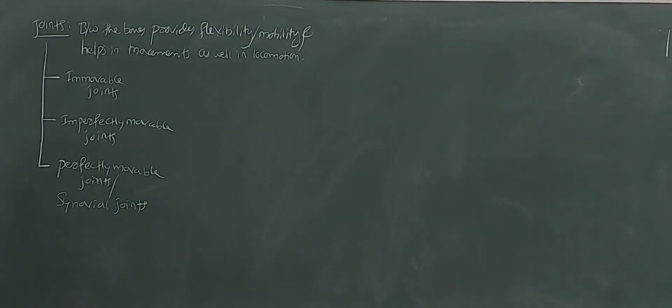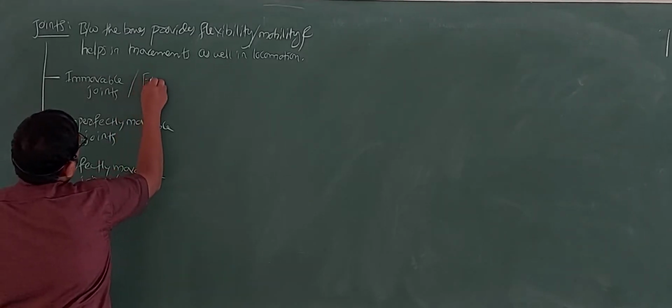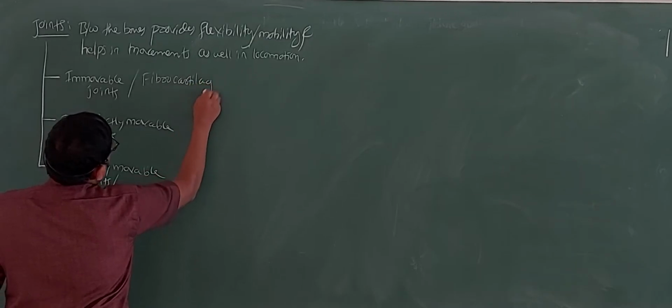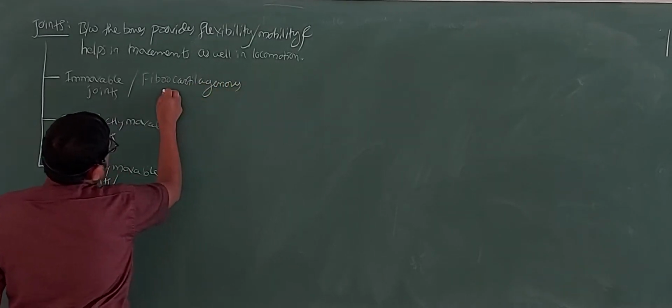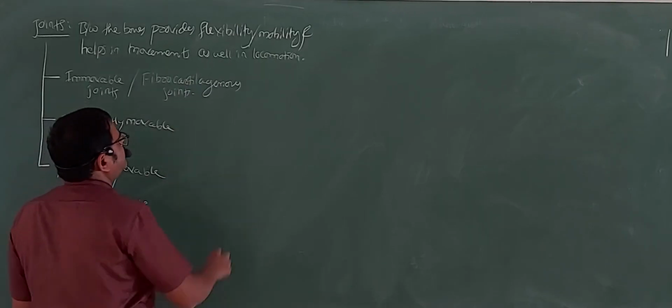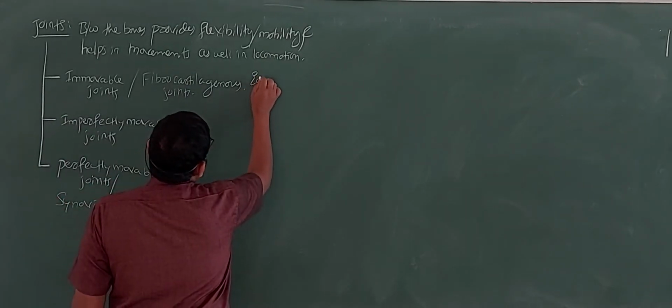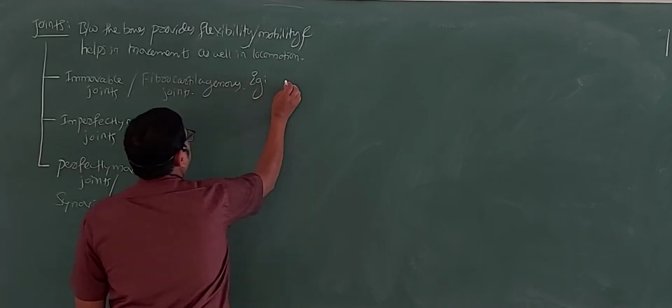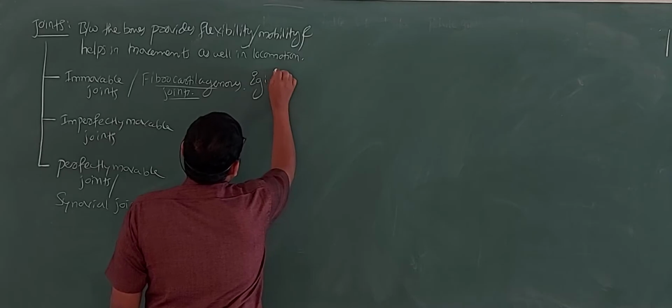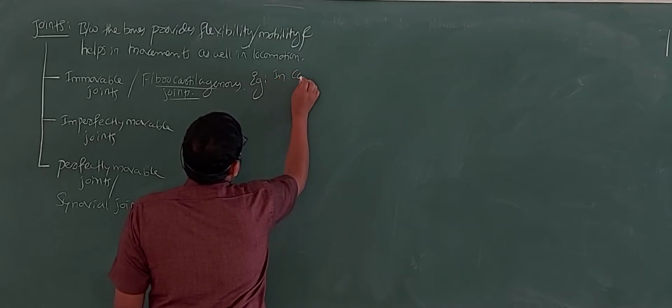To say mainly, the immovable joints are also called fibrocartilaginous joints. Where can we find these kinds of joints, which do not allow any movement? We can find the fibrocartilaginous joint in cranial bony plates.